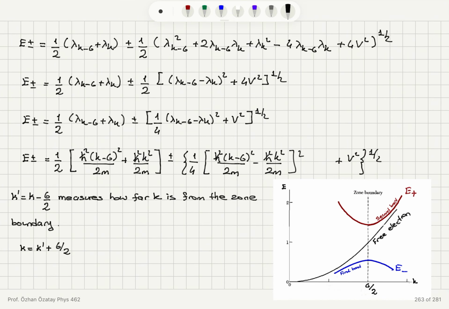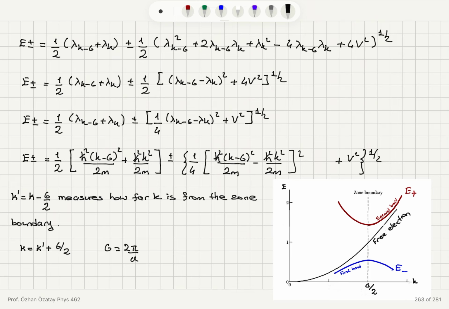Then we define k prime equals k minus G over 2, which measures how far k is from the zone boundary. So basically for k, we can substitute k prime plus G over 2. When G is equal to 2π over a, k equal to G over 2 corresponds to the Brillouin zone boundary.